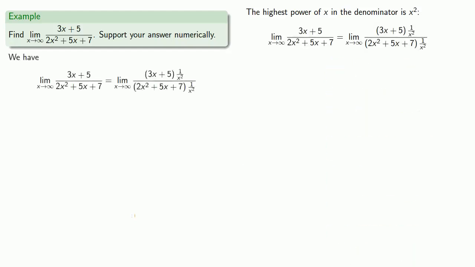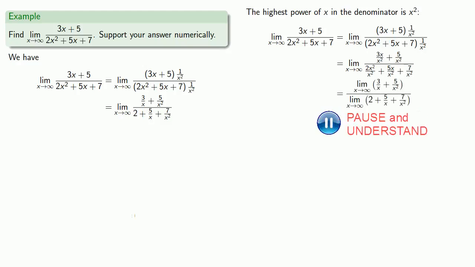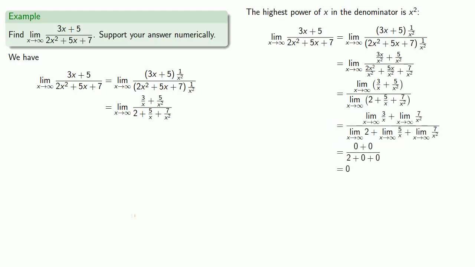And we'll do some algebraic simplifications. And since this is the limit of a quotient, we can evaluate this as the quotient of the limits and get a limit value of 0. Now let's also find some support for this answer numerically.